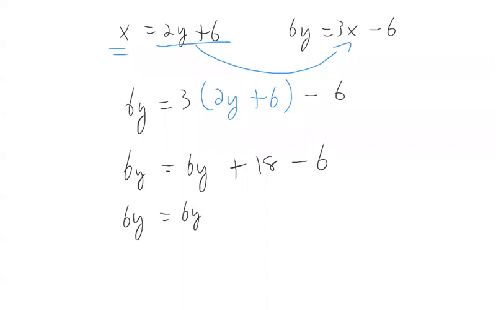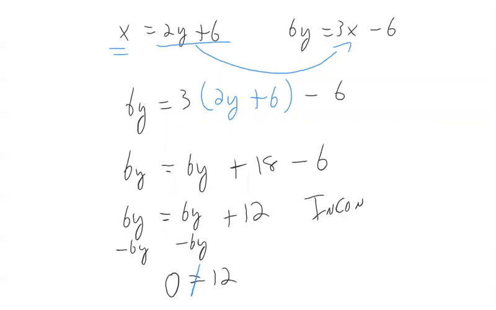So 18 minus 6 is 12. Subtract 6y from both sides. Uh-oh, my y's cancel again. So I get 0 equals 12. 0 does not equal 12. So these are inconsistent, which means no solution.